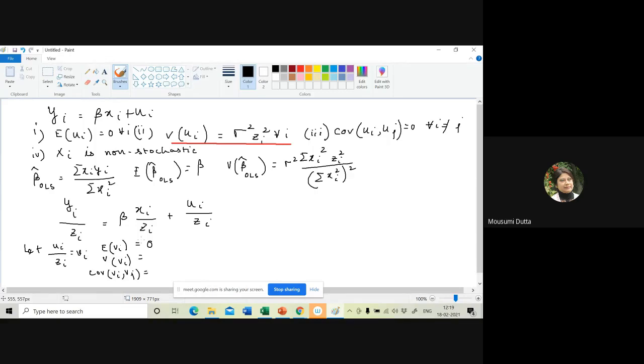Next, what is the variance of Vi? Sigma square. Will you tell me the steps, the calculations? Yes, ma'am. That will be 1 by Zi into expectation of Ui squared.